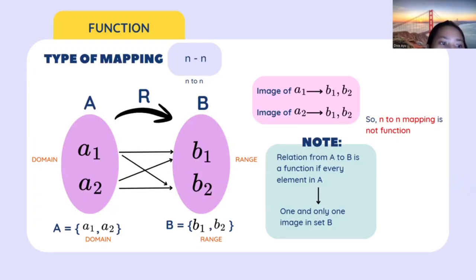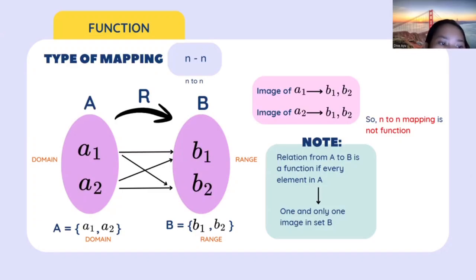Now we come to the last type, many-to-many. Here's the arrow diagram: A1 has two images, B1 and B2, and A2 also has two images, B1 and B2. Will the relation be a function in this case? I think no. What do you think? If the mapping is many-to-many, then the relation is not a function.